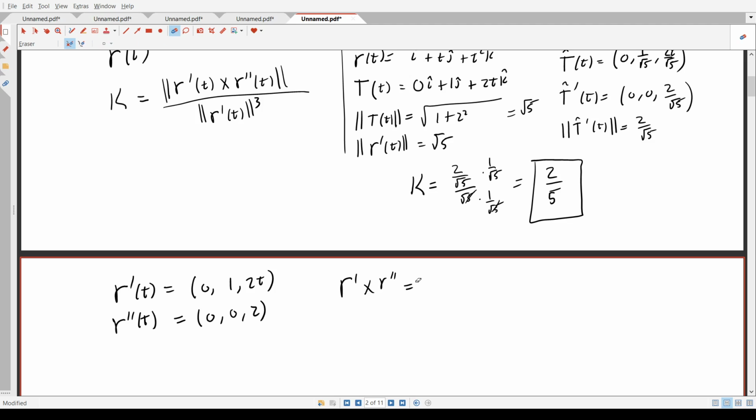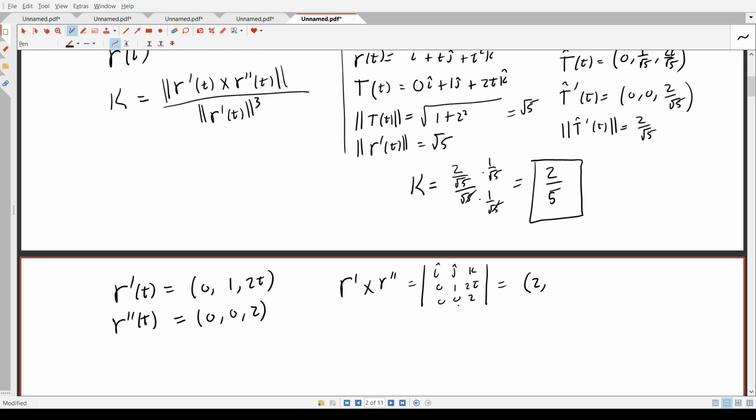So what is that? If I set this up, i, j, k, I have 0, 1, 2t, 0, 0, 2. So I'm going to have, let's see, I cross this one out. It's going to be 2 minus 0.